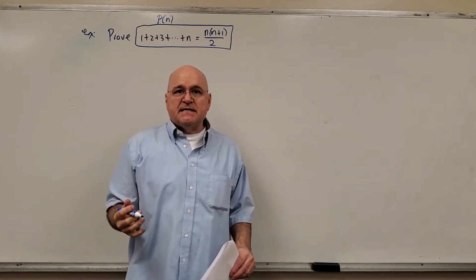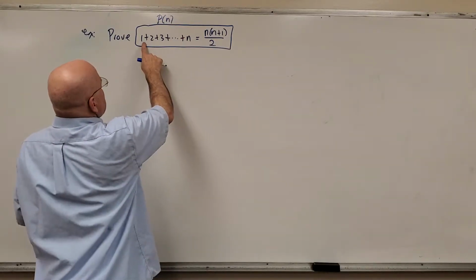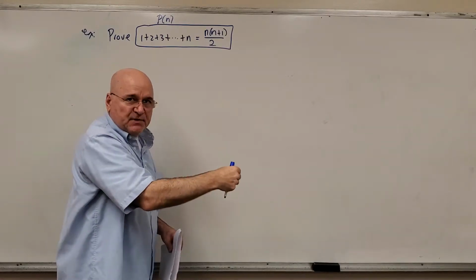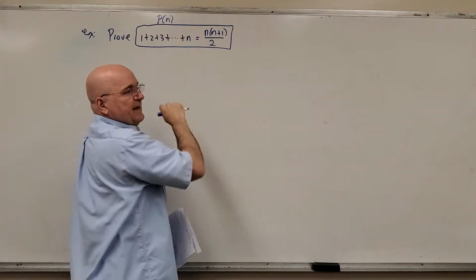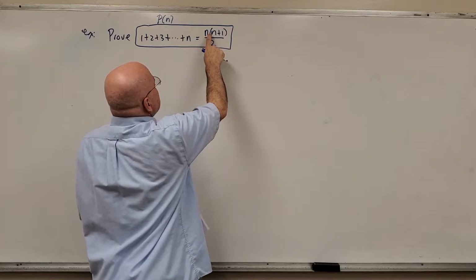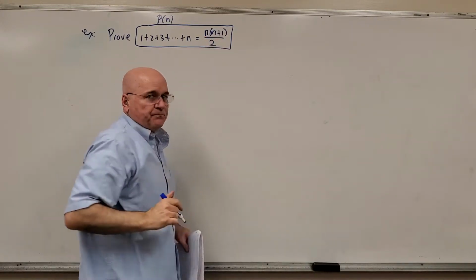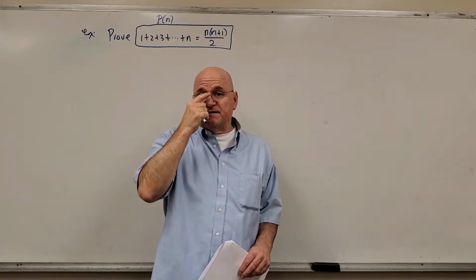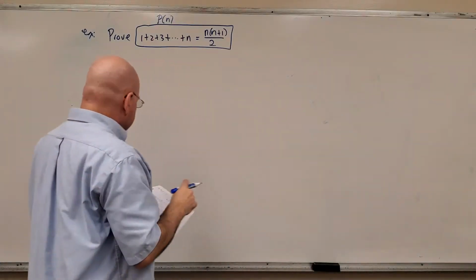If n is 10, this proposition is 1 plus 2 plus 3 all the way up to plus 10 is equal to 10 times 11 over 2. We're going to prove that statement is true by induction.